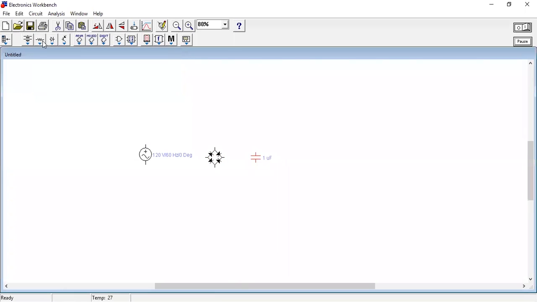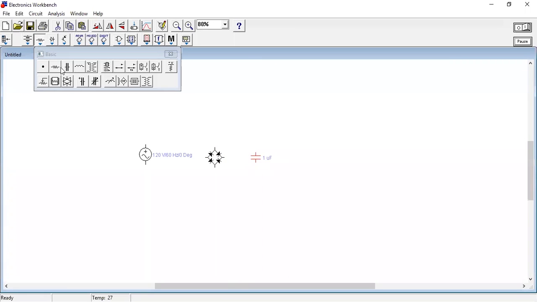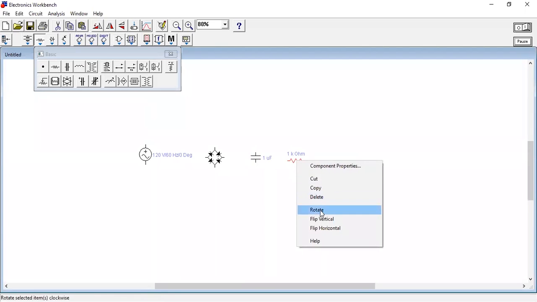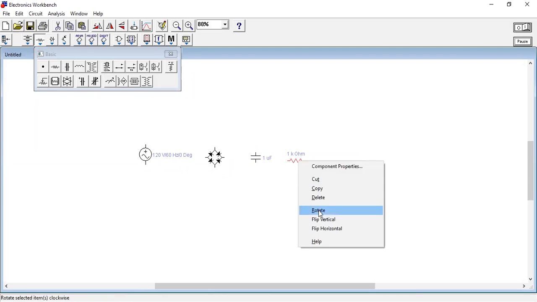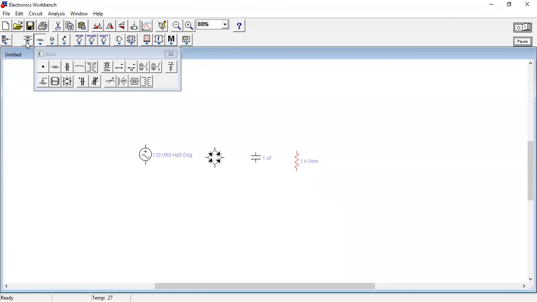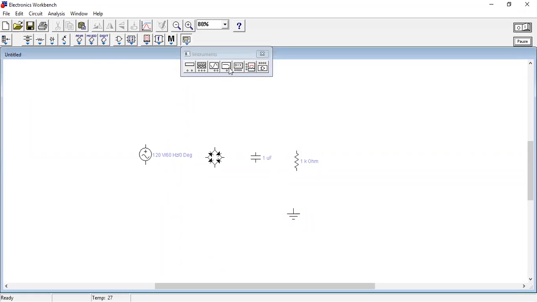So now we can connect these things: AC source to diodes and diodes to capacitor, and capacitor to resistance.